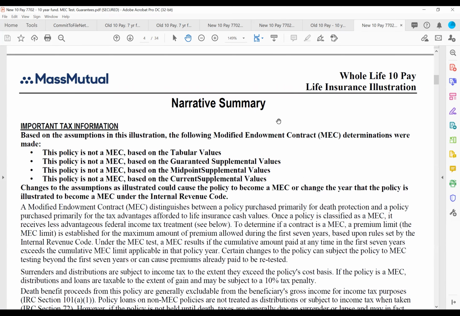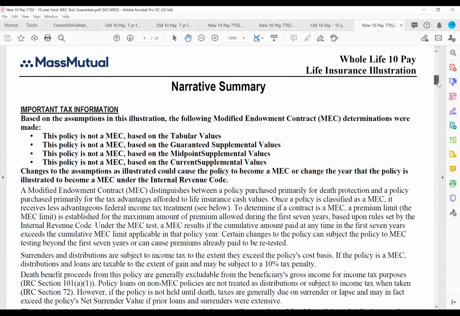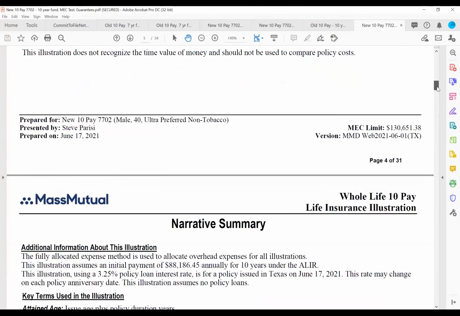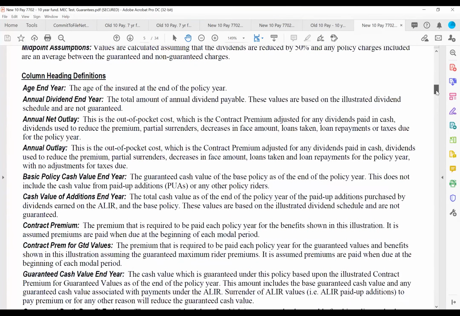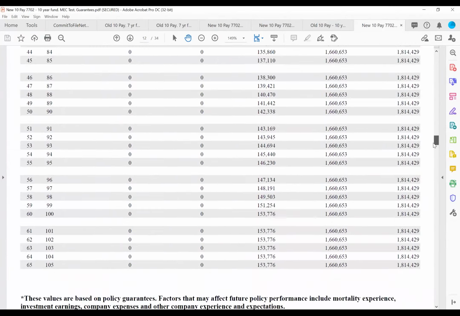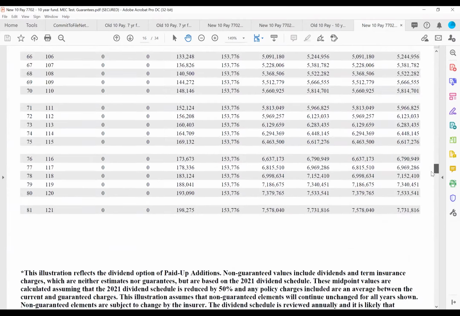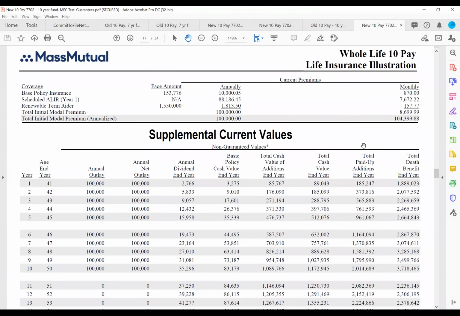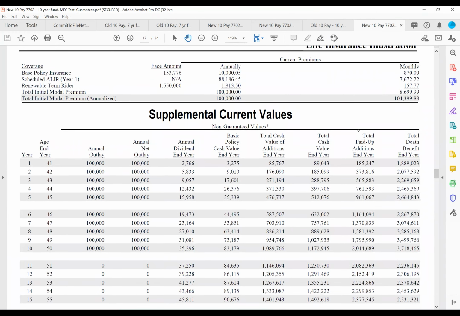We use MassMutual, we use other carriers as well, but we want this to be a true comparison, not trying to skew the products in any way, shape, or form. So let's scroll down. Here we go. $100,000 per year. Cash value right off the bat, not 87%, 89%. Total death benefit, about $1.9 million.